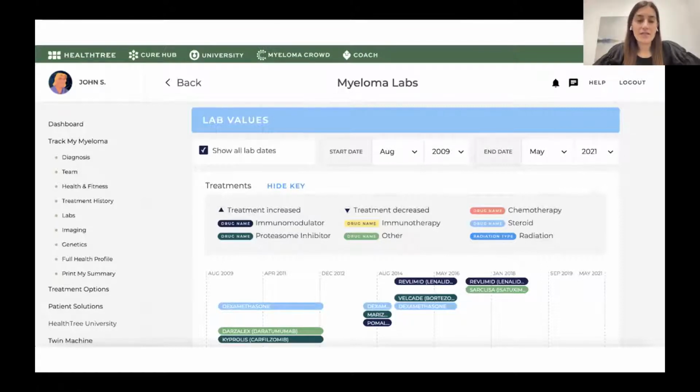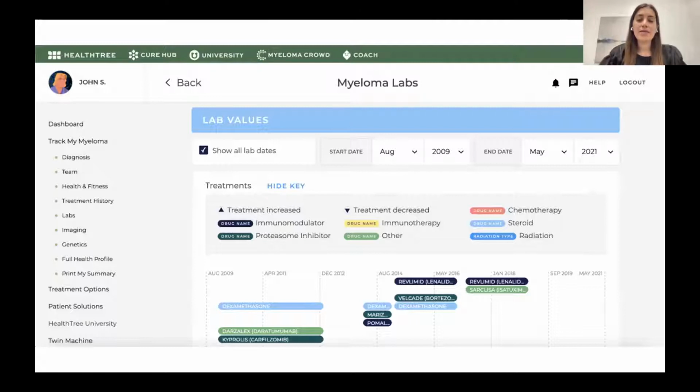Today you'll see some screenshots from our labs section on HealthTree Cure Hub. We're not explaining the technicalities of how to enter everything, but we will be explaining how it's there. We have another webinar called Track Your Myeloma, where we already explain everything about how to enter your information. Audrey will be sharing that with you in that email.